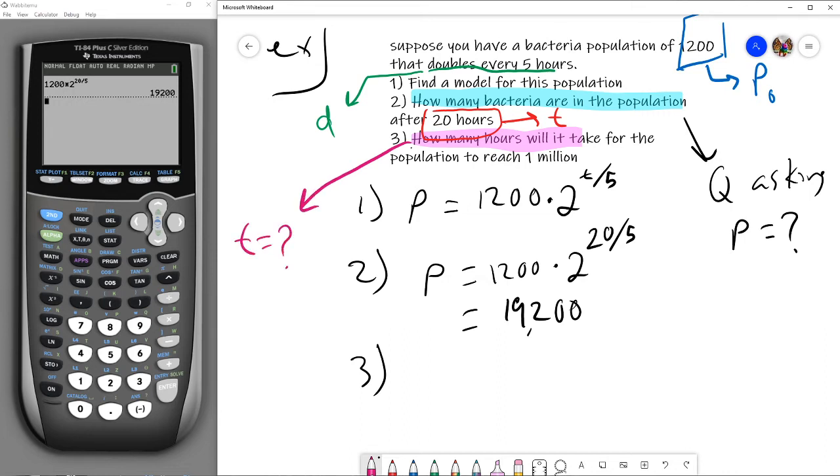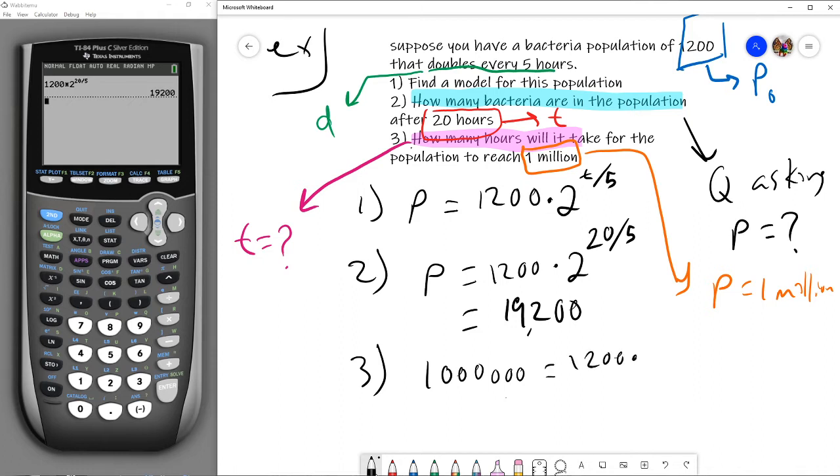Okay, so we're looking for a time value, and what we are given right here is P. We're told that P is equal to 1 million. So we can set up our equation now. We have 1 million is equal to 1200 times 2 to the T over 5.